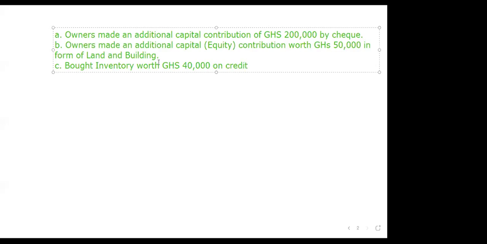Let me do one last one, and then I can pick comments from the class. So, bought inventory worth 40,000 on credit.